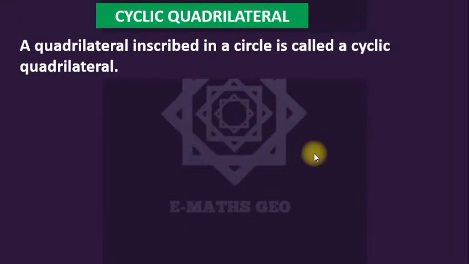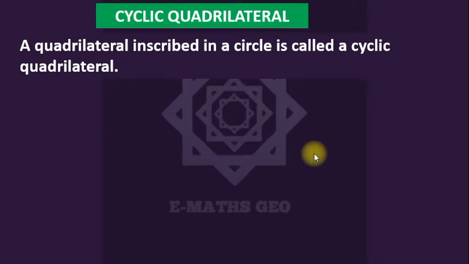Okay, in this session, we'll be talking about cyclic quadrilateral theorems. But before then, we need to know the meaning of cyclic quadrilateral. By definition, a quadrilateral inscribed in a circle is called a cyclic quadrilateral.